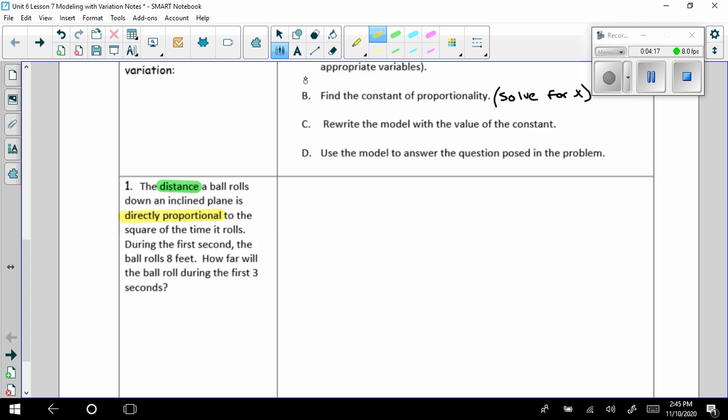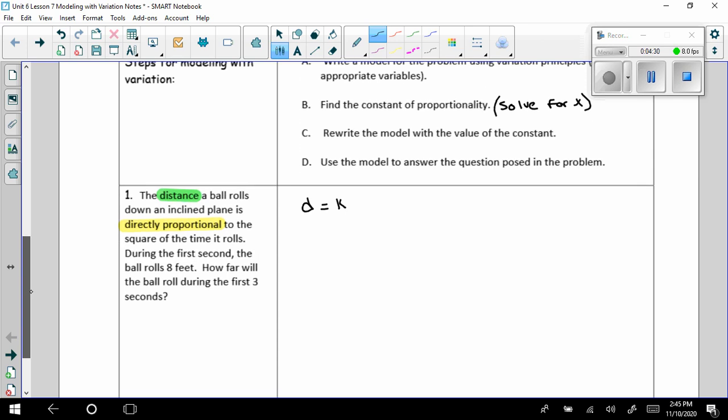So then we can use that kind of formula to write our equation. So our distance is going to equal your constant of proportionality times, and then it says right here, the square of the time.